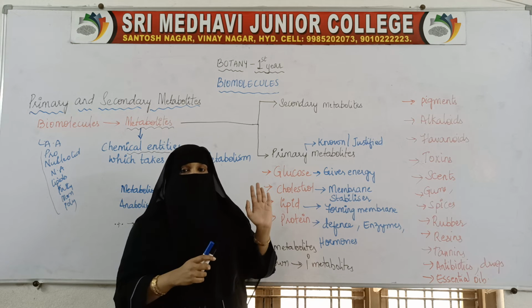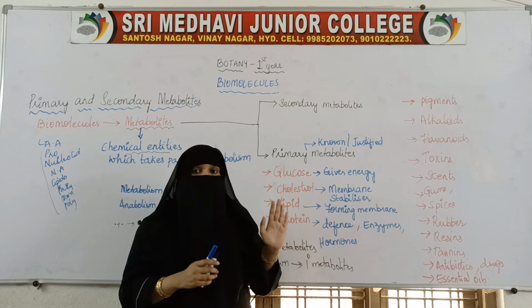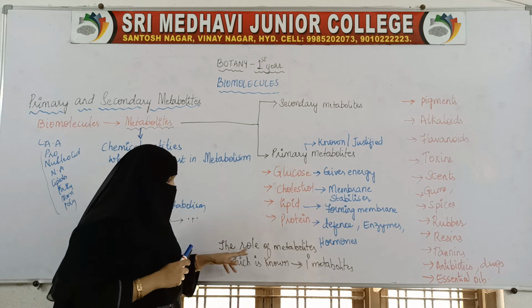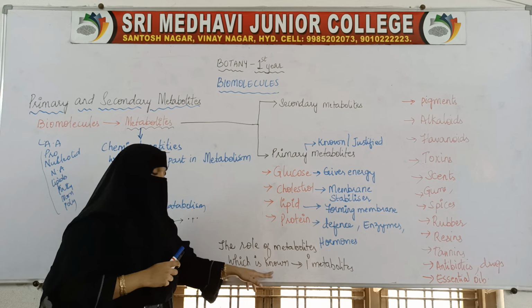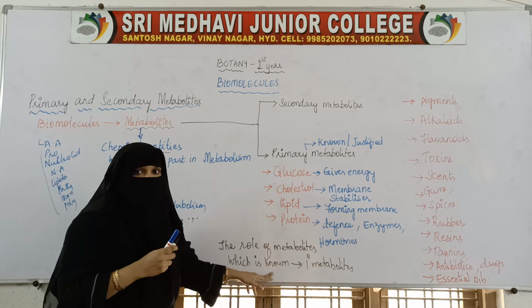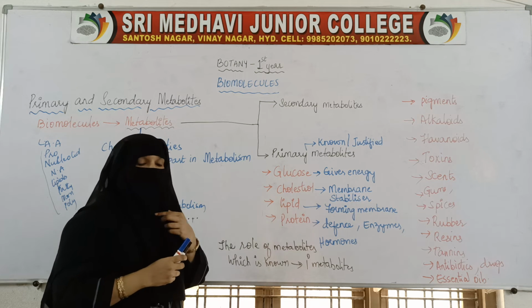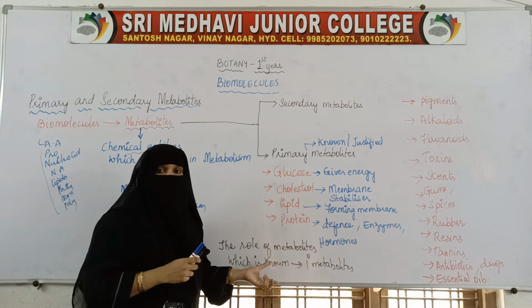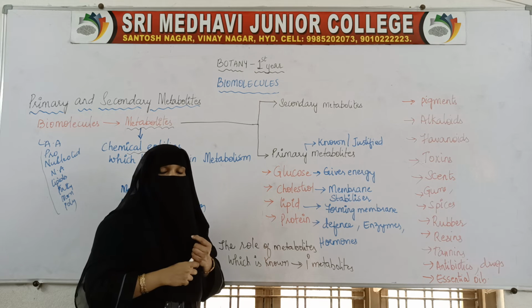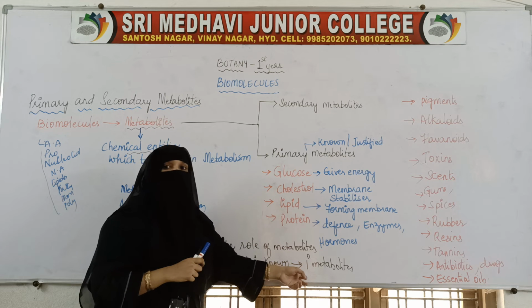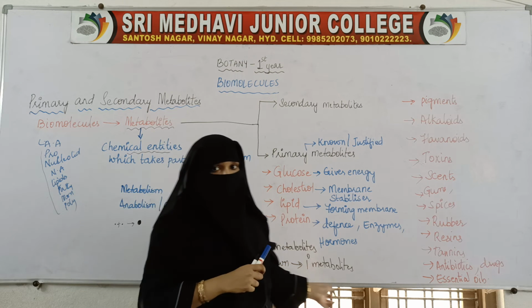So such metabolites whose role is known are called primary metabolites. The role of glucose, the role of cholesterol, we know the role of them. So such substances or metabolites or biomolecules whose role is known are called primary metabolites.